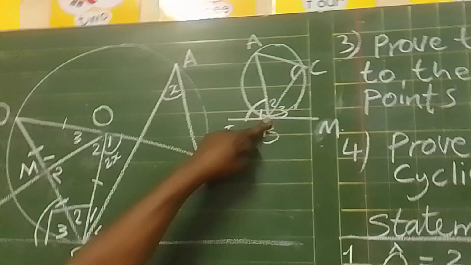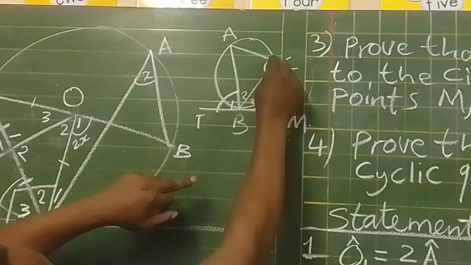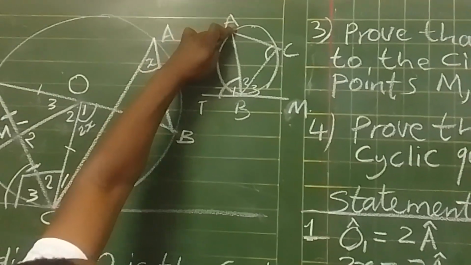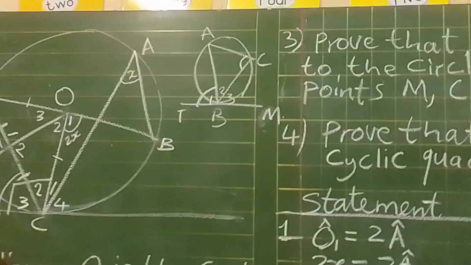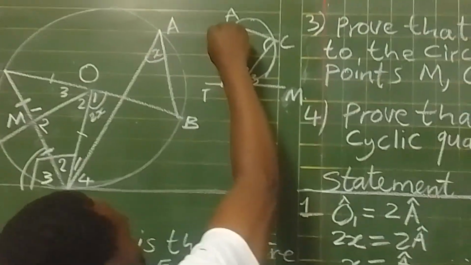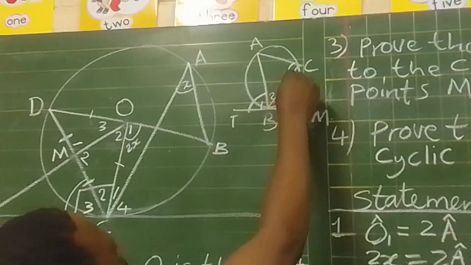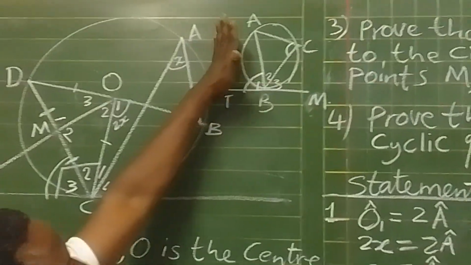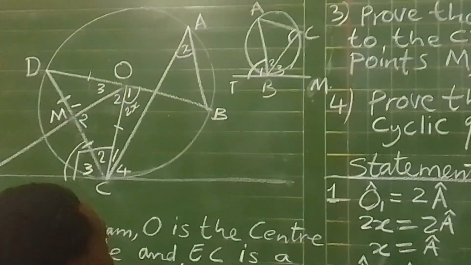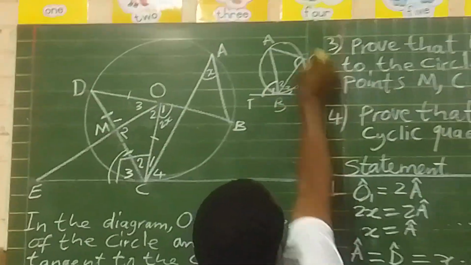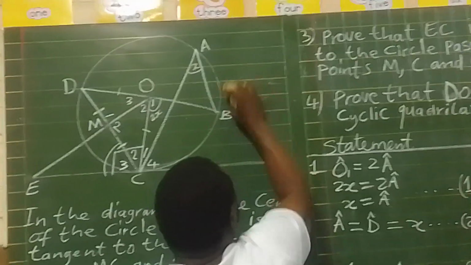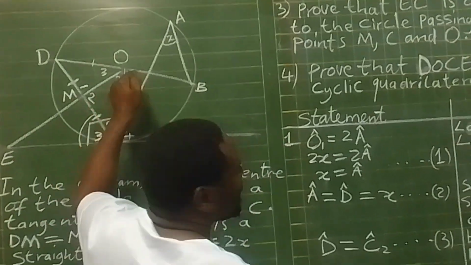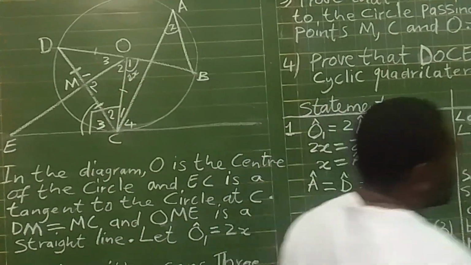You see what I'm saying? Because this angle is equal to that angle. All in all, I have taught this. You can check that in the previous theorems, but I was just telling you that if they say the tangent at points M, O, C, that means that the angle in the alternate segment is O2.